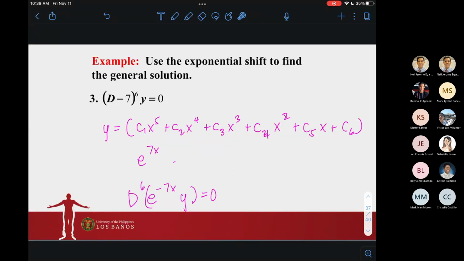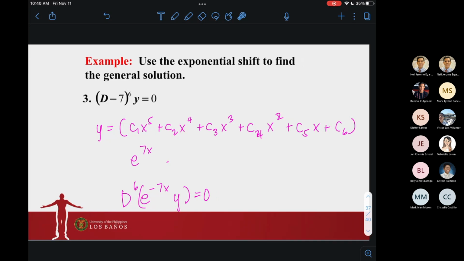That's fine with me, right? Kasi alam nyo na talaga na yung mystery function dito dapat ay quintic polynomial. Alright? Or degree 5 polynomial. Tapos multiply nyo lang ng e to the 7x both sides, you will get this solution.